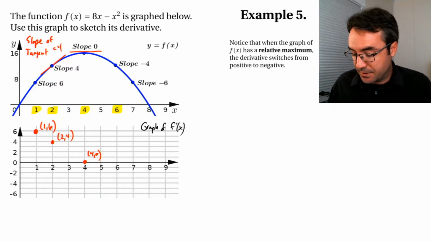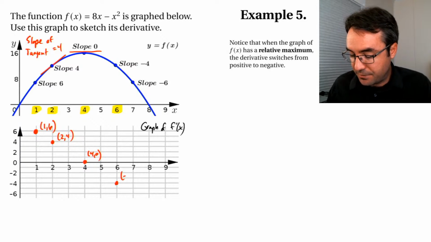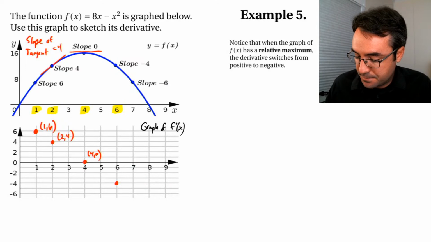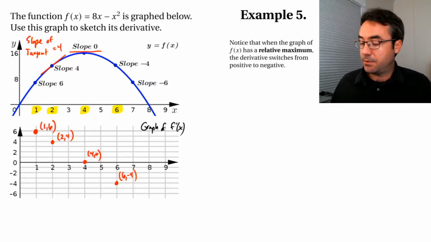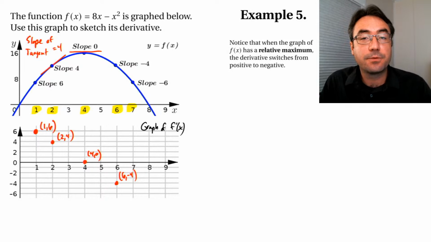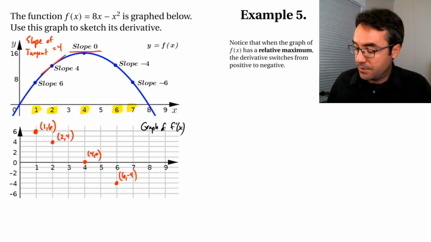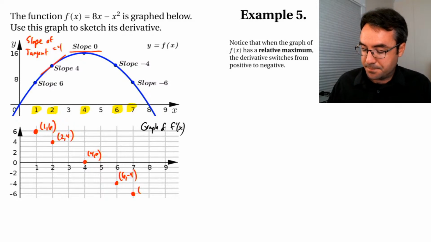So that means the point (6, -4) is on the graph of f prime. And finally at x equals 7, we estimated the slope of our curve was -6. So that means the point (7, -6) is on the graph of f prime.